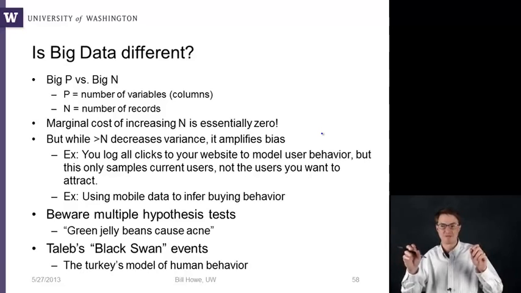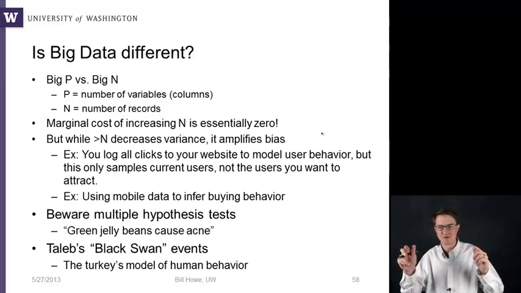So there's a fantastic comic from XKCD that makes this point very, very clear, where they sort of demonstrate that green jelly beans cause acne, right? And the story here is that there's 20 different colors of jelly beans, and for a p-value of 0.05, we do 20 experiments, and sure enough, we find one of the colors indeed causes acne. But that would be expected purely by chance. And so I encourage you to look up that comic.